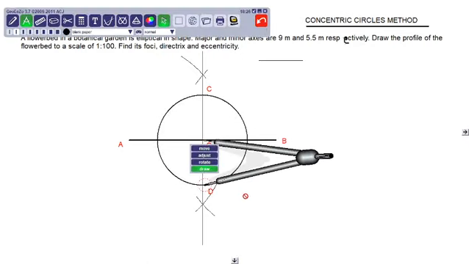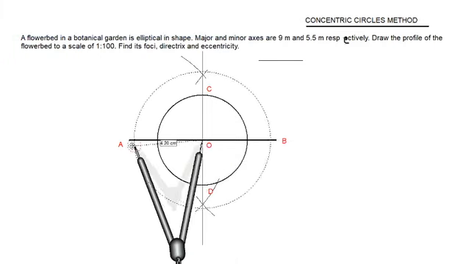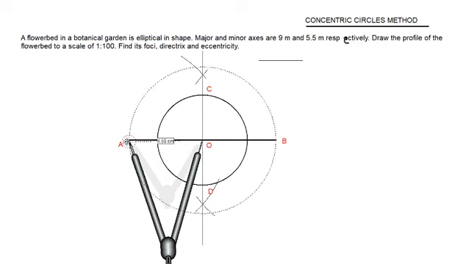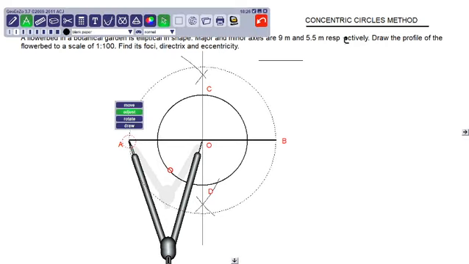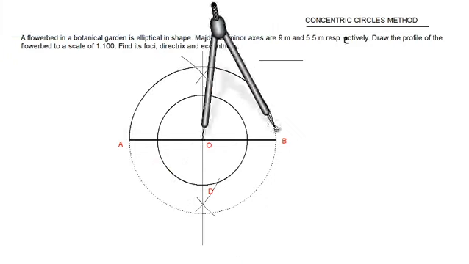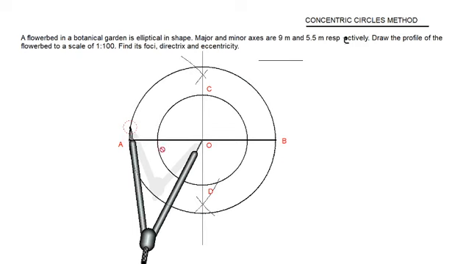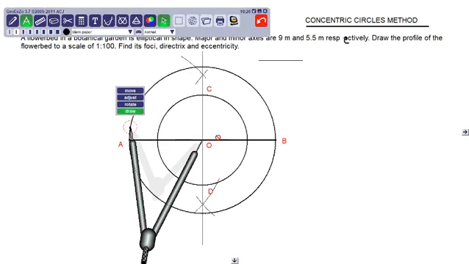Similarly, center as O and OA as the radius, draw a circle. So two different circles I have drawn here. This is required.